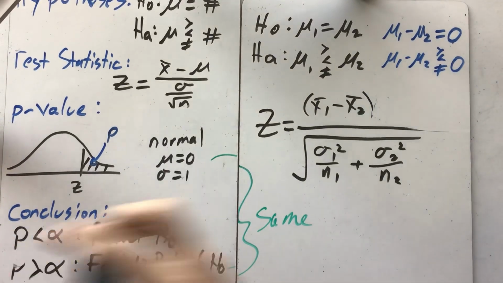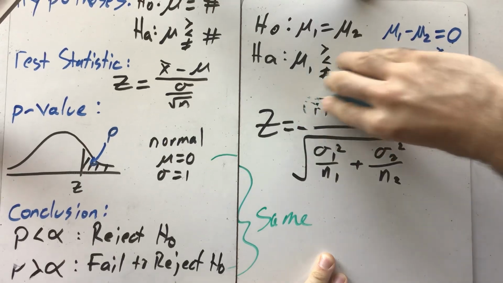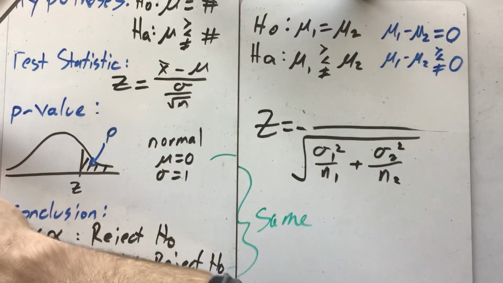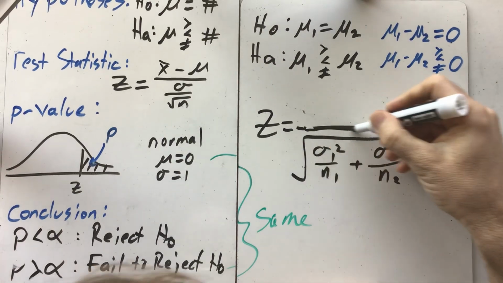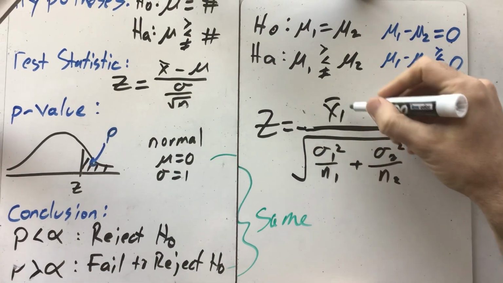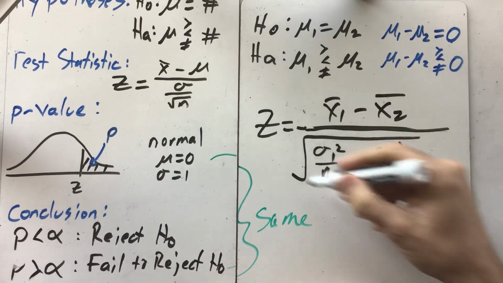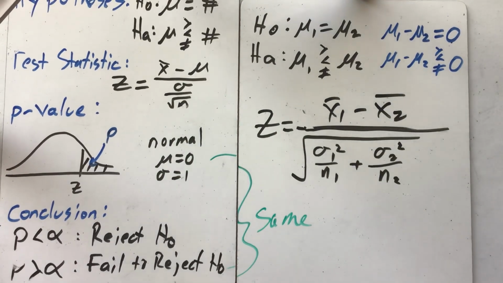So we can just write it like that if we like, and it'll look just a little bit better. Let me clean this up, since I accidentally erased some things that I didn't mean to. So our formula is actually x1 bar minus x2 bar divided by all of that.